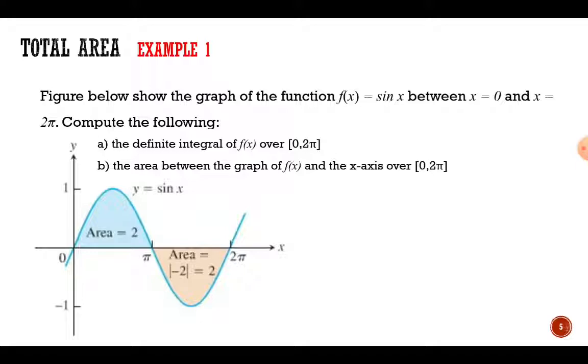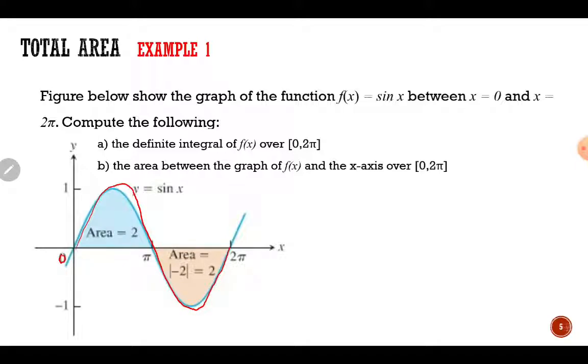Example 1. If you look at the graph, it shows the graph of the function f(x) equals sin x. So for sin x, we have one complete cycle of the graph y equals sin x, where the area is from 0 to 2 pi.